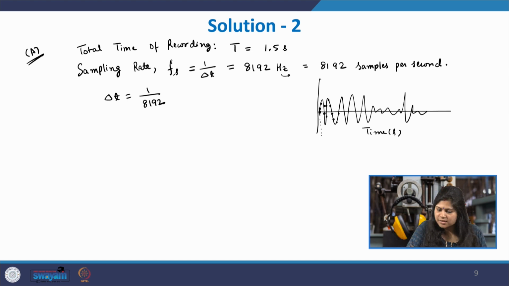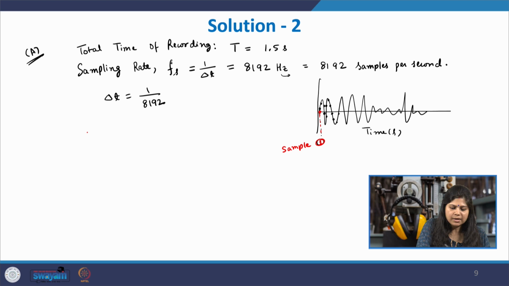So, let us see here, this is our sample point 1, okay. Let me use a different color to distinguish. In this recording, this is our sample point 1, okay, and here the recording begins with the recording of the first sample.